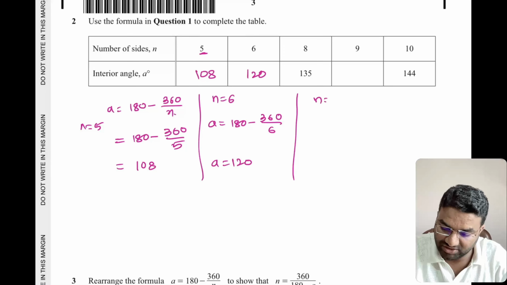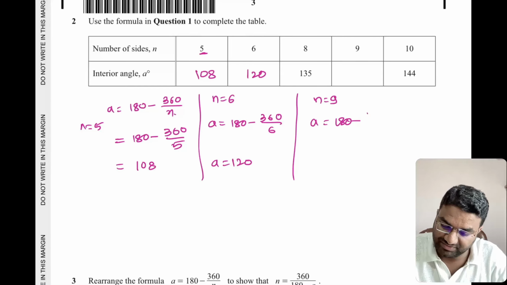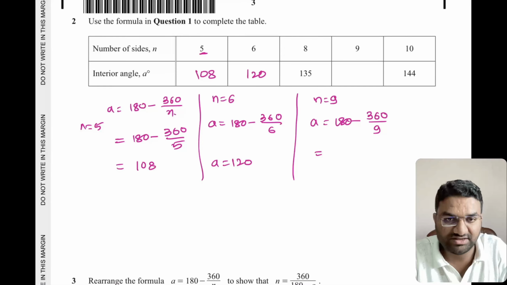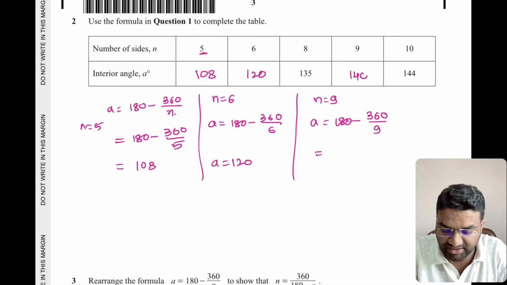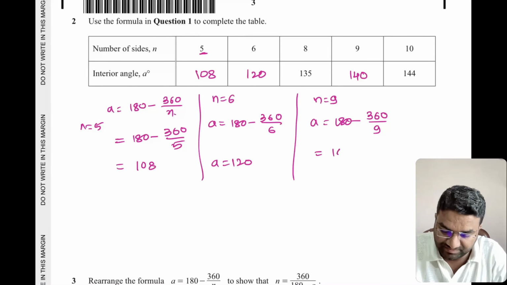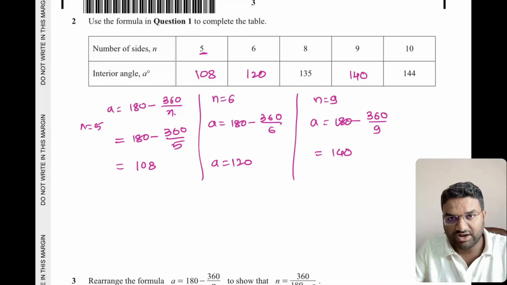Then when n is equal to 9, a is equal to 180 minus 360 divided by 9, a nonagon, so we get an interior angle of 140. That is what we have to show.